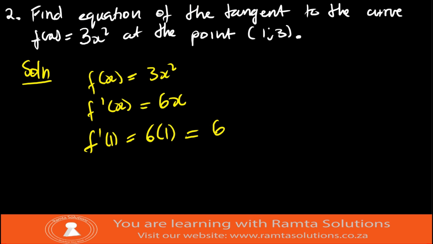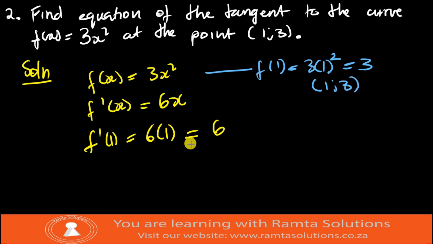By the way, here you can confirm that indeed when x is 1, f of 1 is 3. Let me use a different color. f of 1 would be 3 into 1 squared, which is 3. Indeed, you have 1 and 3.